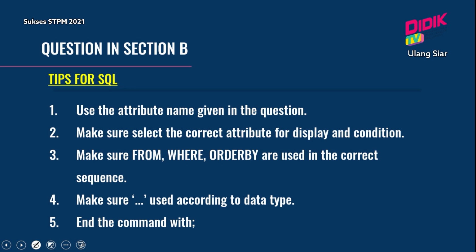Then make sure to write the code correctly for certain data types. Usually the code will be written for varchar or char. If your data is integer type, don't write in quotes, it's wrong. And finally, you must write a semicolon at the end of your command. Don't forget.